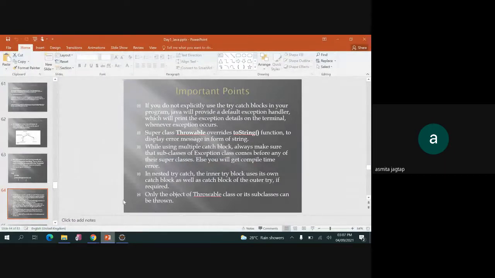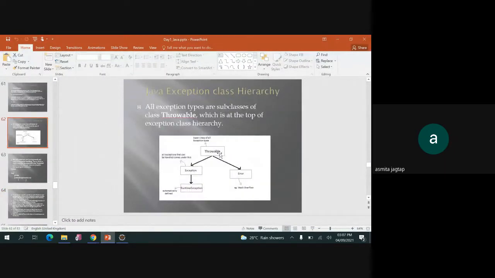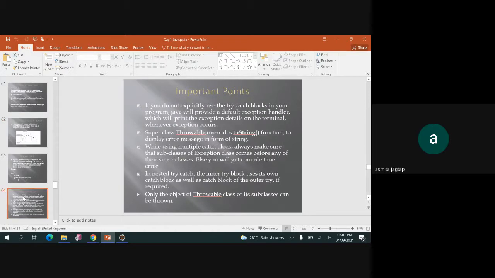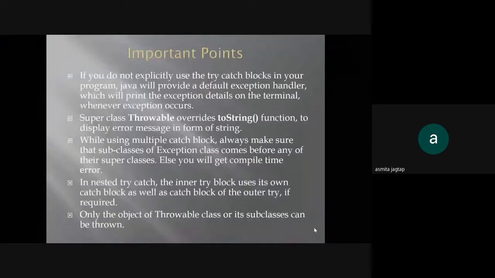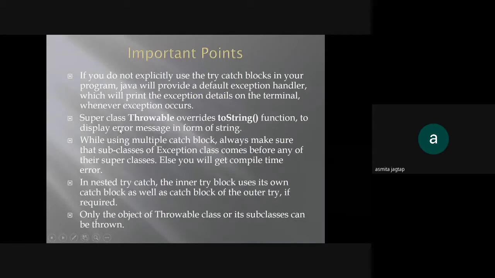Then the superclass we have seen. This is the Throwable superclass, and it has the Exception and Error subclasses, where RuntimeException extends its superclass. So for runtime exceptions, Throwable is the super of the superclass. Then the superclass Throwable class overrides the toString method.